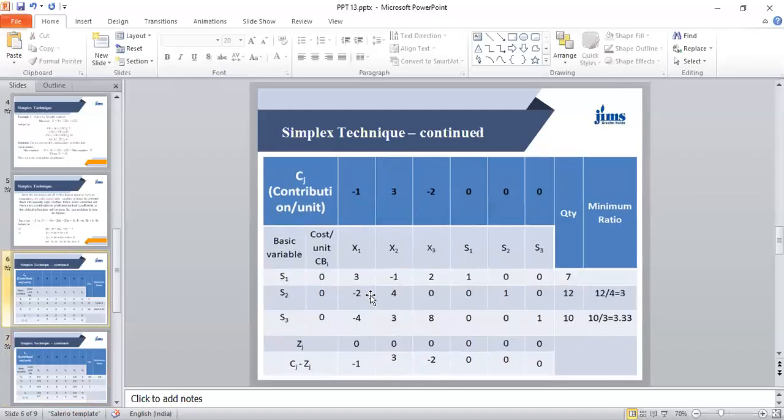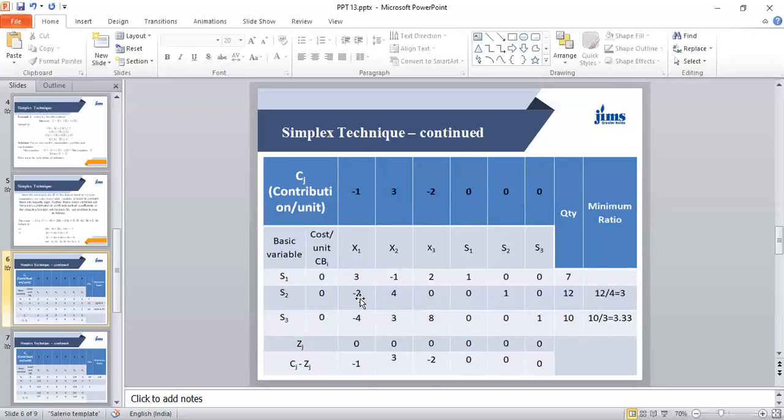And then we have explained to you that this is the key column and this is the key row. The intersection of key column and key row is known as the key number. So 4 is the key number. In the next table, all the elements in the key row are divided by the key number.